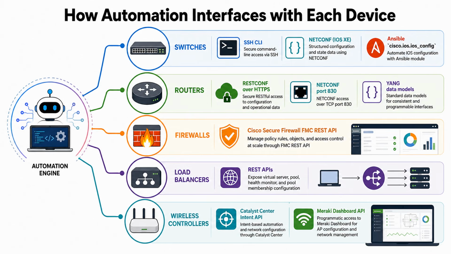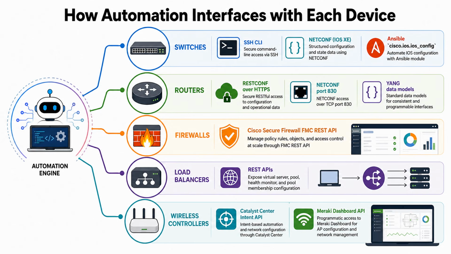In Ansible, the cisco.ios_config module in the cisco.ios collection handles IOS switch configuration and abstracts away the SSH connection management. Routers on IOS XE also support RESTCONF. That's a RESTful HTTP-based interface to the same YANG data models that NETCONF uses.